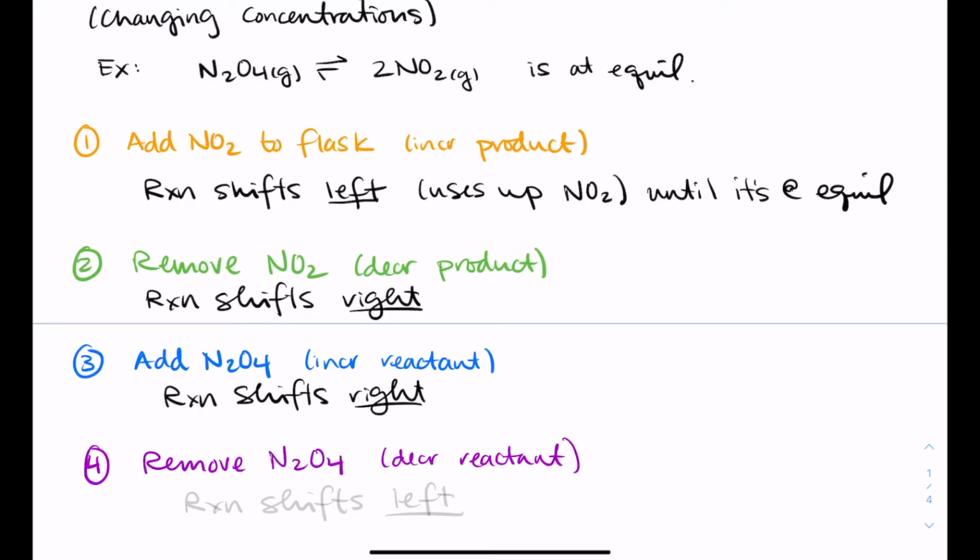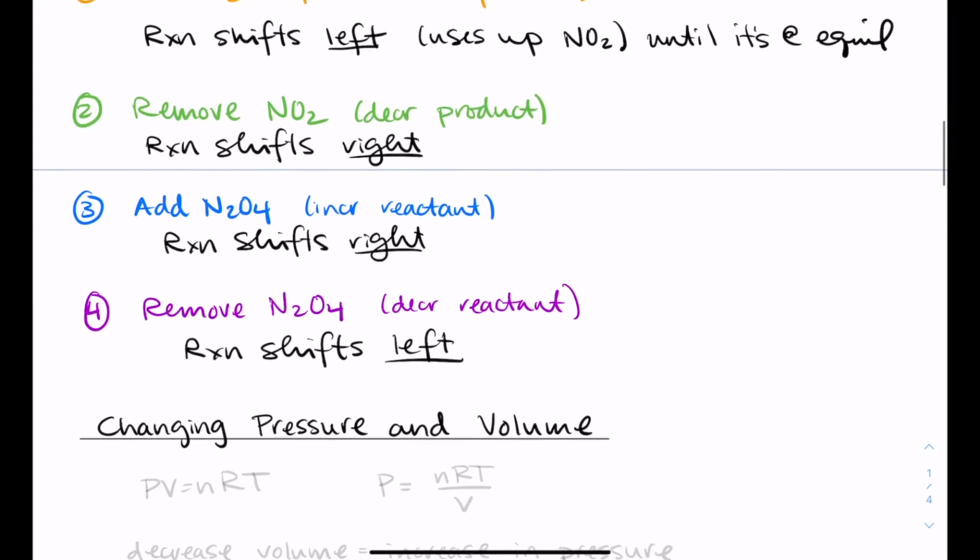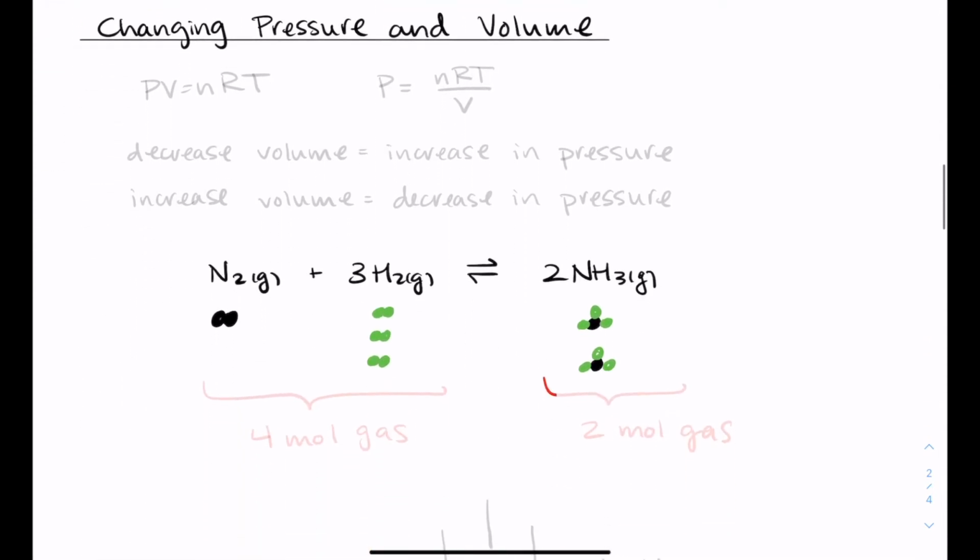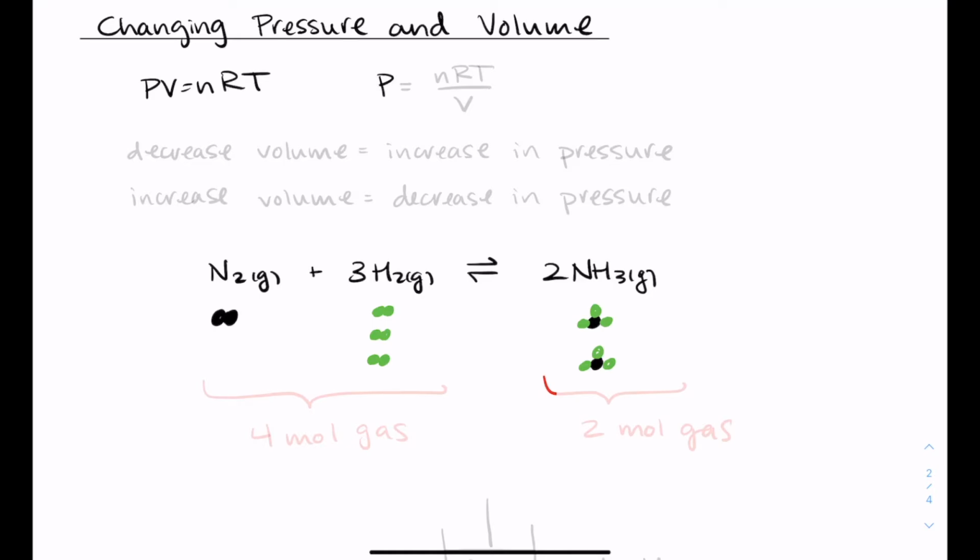Okay, what if we changed the pressure and the volume? So I have pressure and volume here because within the context of the ideal gas law, these are inversely related. So if I decrease the volume, the result is an increase in pressure. And if I increase the volume, the result is a decrease in pressure.